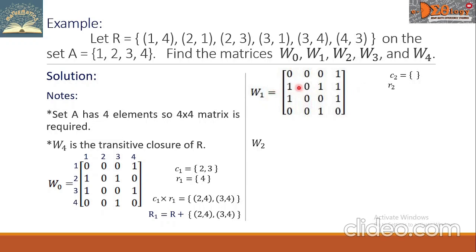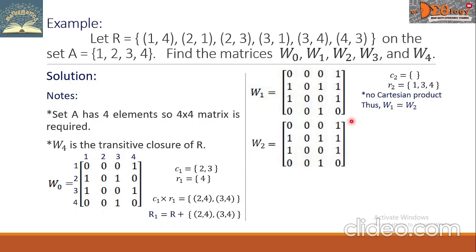We can see that there are 3 number 1 here, and they correspond to the elements 1, 3, and 4. But since the C sub 2 is empty, there is no Cartesian product here. In this case, we conclude that W sub 1 is equal to W sub 2. Therefore, the W sub 2 is the same with W sub 1.